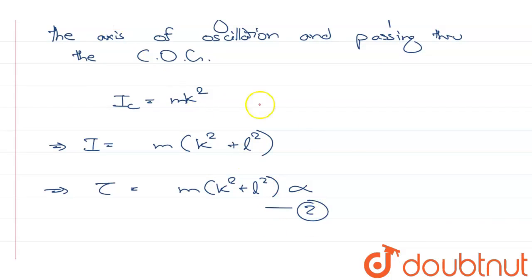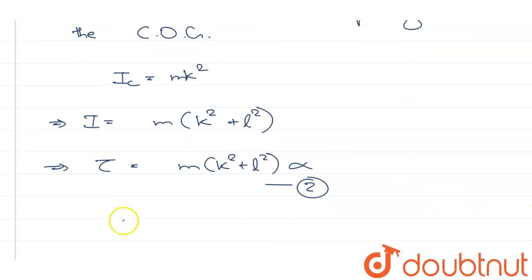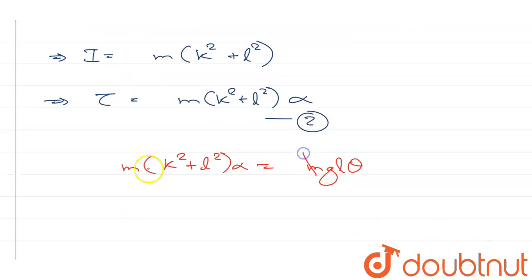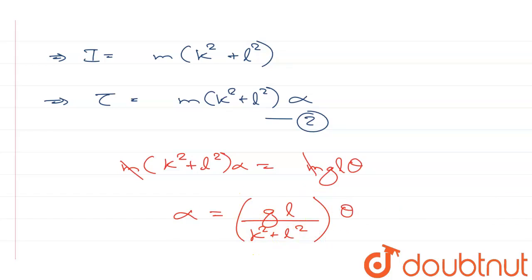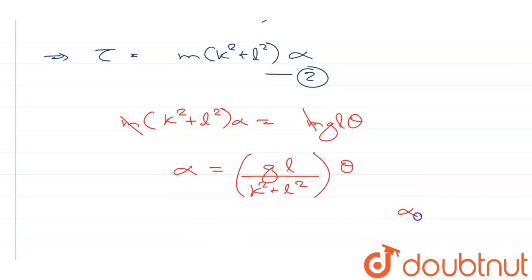From 1 and 2, I can equate the values of torque, and I get m times k square plus L square into alpha is equal to mgL theta. m and m get cancelled. Alpha is equal to gL upon k square plus L square into theta, and we know that alpha can be written as omega square times theta.